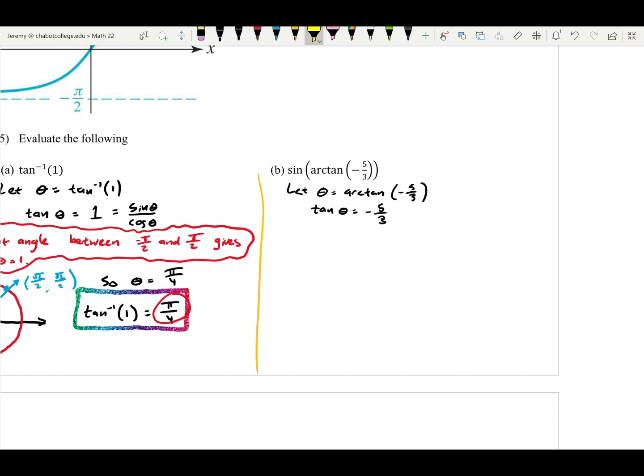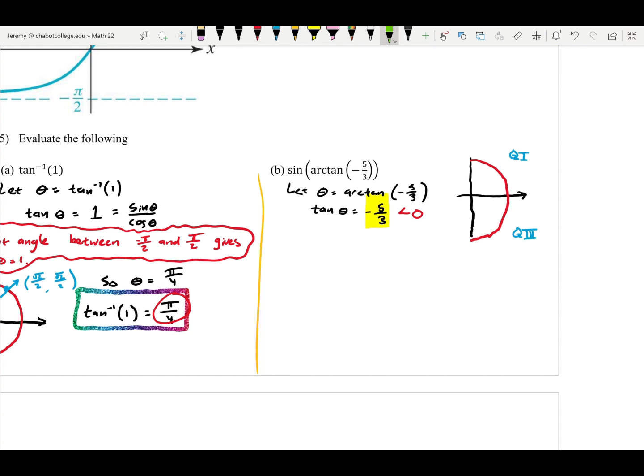All right, and thinking about where the solution theta might be, notice that this output here, negative 5/3, is less than 0. So thinking about where this angle might fall in the unit circle, just to get ahead of that. For tangent inverse, we're always thinking about the right half of the unit circle, just like we do for sine inverse. So our output is either going to be in quadrant 1 or in quadrant 4.